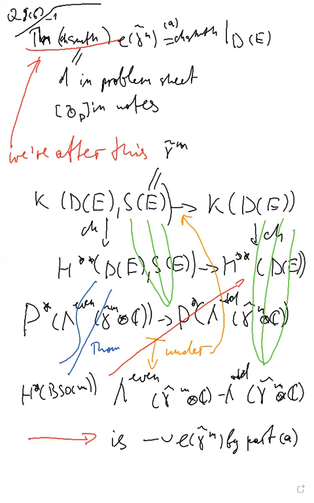So, what does this mean? Well, this means if we're able to prove something after multiplying by the Euler class, and the Euler class is not zero, which it isn't, then the formula we wanted to prove was true before we multiplied by the Euler class.